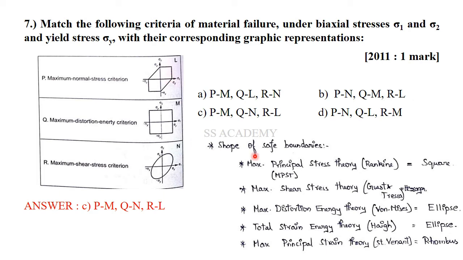So RL. Here you can see PM, QN and RL. These are all theories of failure under biaxial states, or sometimes used under triaxial states also. Here we are seeing the safe boundaries for biaxial states only, that is sigma 1 and sigma 2. All these are derived for biaxial states only.